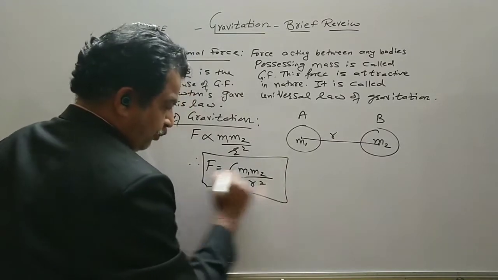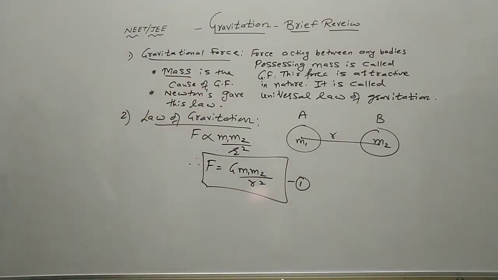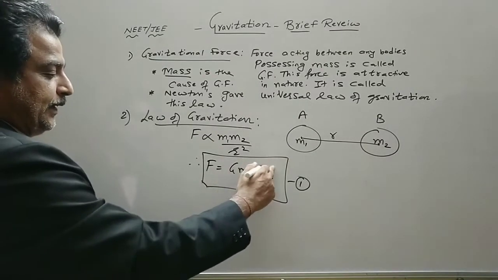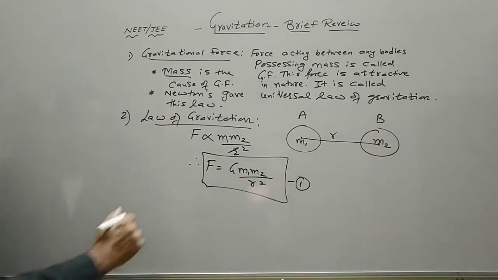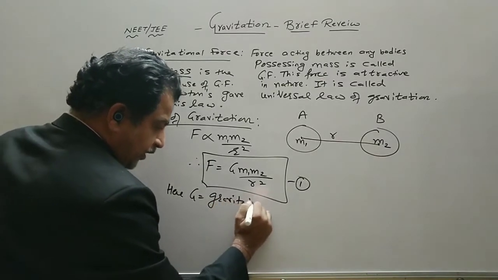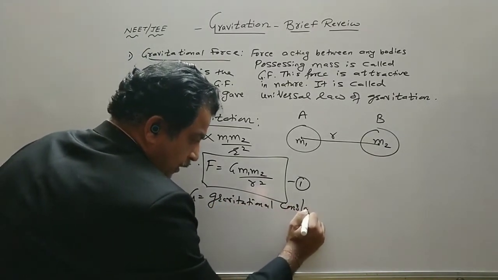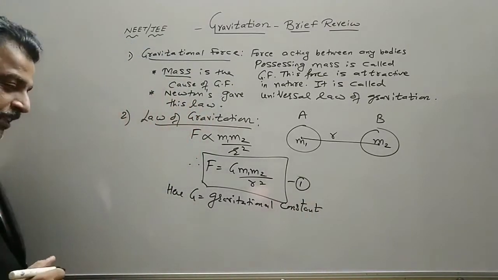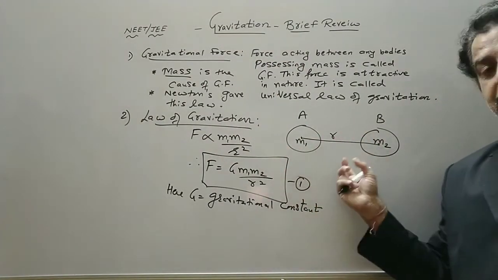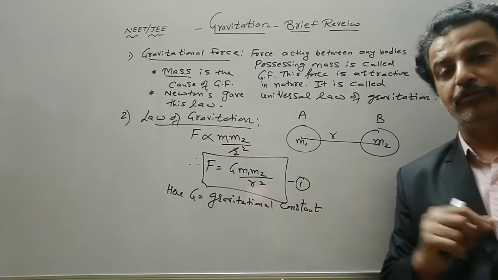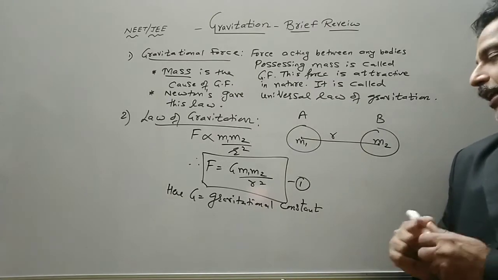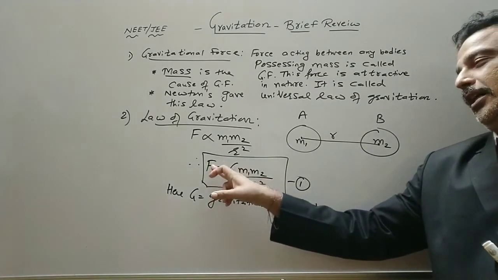So this is the first formula, that is the gravitational force acting between any two bodies possessing masses m1 and m2 separated by a distance r. Here capital G is the gravitational constant, and if we take a unit mass of both the bodies, say 1 kg, separated by a distance of unit length or 1 meter, then the gravitational constant is equal to the gravitational force.